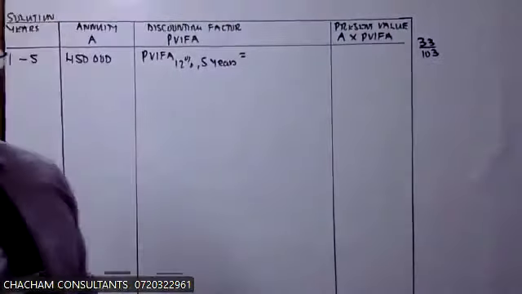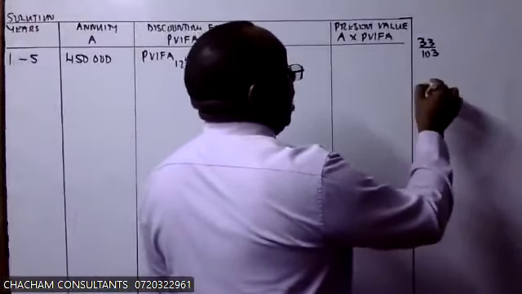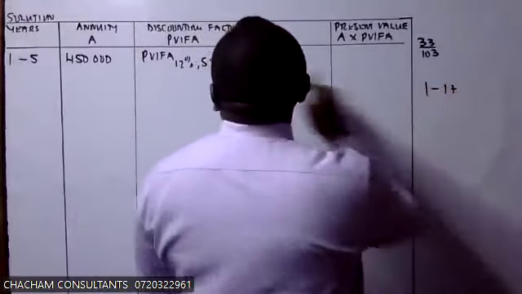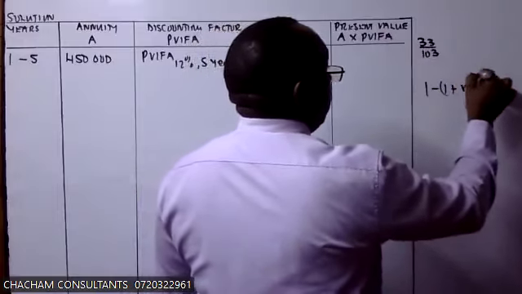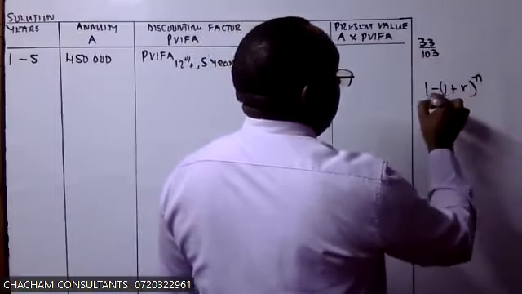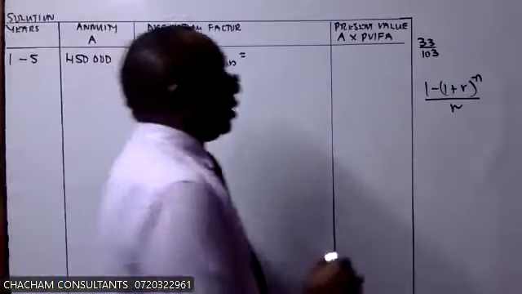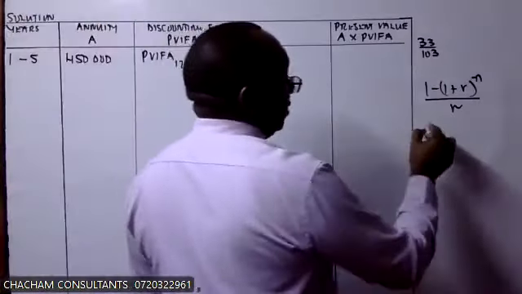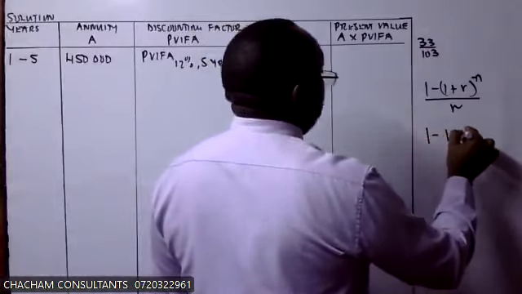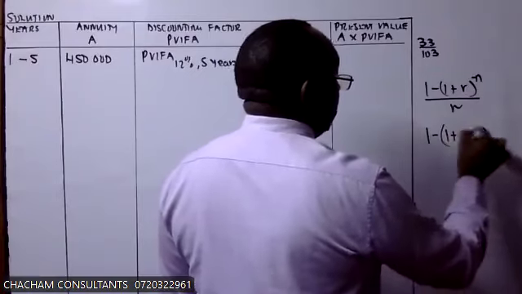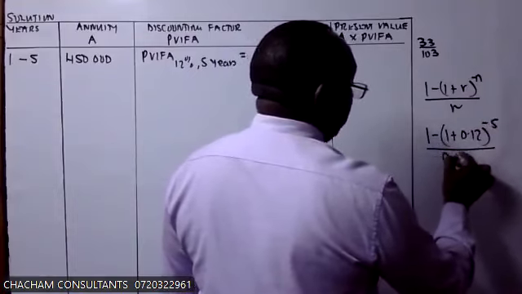If you want to use the formula, the formula is 1 minus 1 plus R raised to power minus n, you divide by R. That is the formula for the annuity. So if I'm asked to find it for 5 years, I simply say 1 minus 1 plus 0.12 raised to power minus 5. Then all these I divide by 0.12.